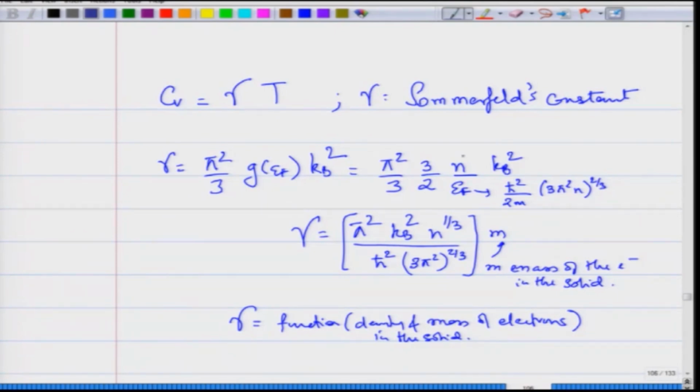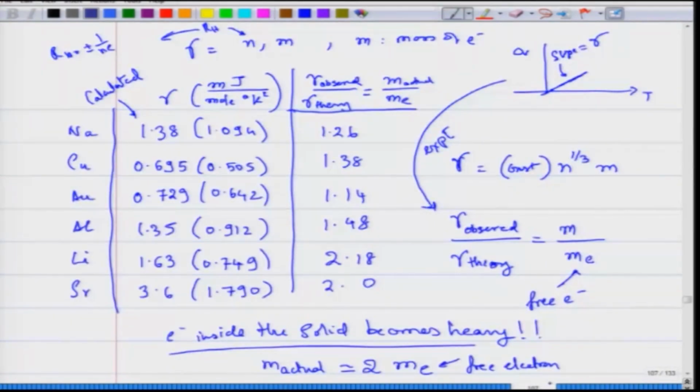And if you put in the value of the density of states and the Fermi energy, which is related to the mass of the electron, you can show that this constant is directly proportional to the mass of the electron inside the solid. So, if you measure the specific heat of the electron gas as a function of temperature, from the slope of Cv versus T you can determine gamma, and that is what people did in experiments at very low temperatures.